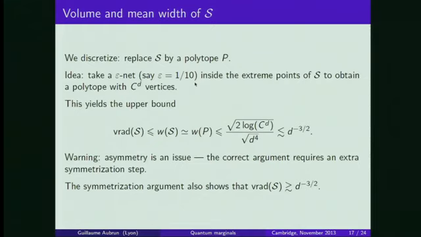This means that any point should be epsilon close to one point from this epsilon net. And you may take an epsilon net inside the extreme points of S, inside the pure product states. For fixed epsilon, for example 1 over 10, if you do this, you obtain a polytope with only C to the d vertices, which is close enough to S.